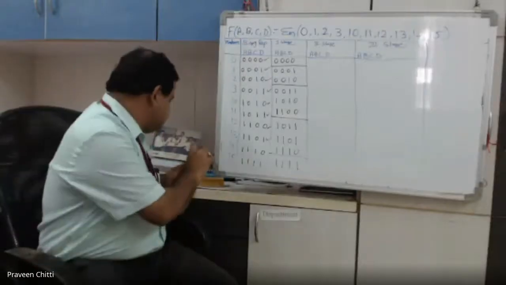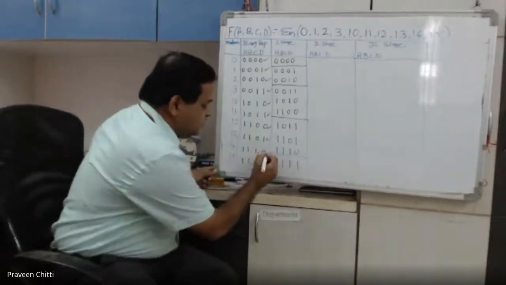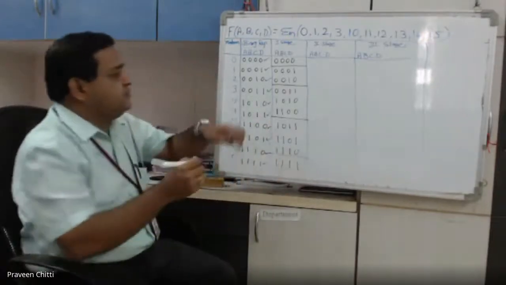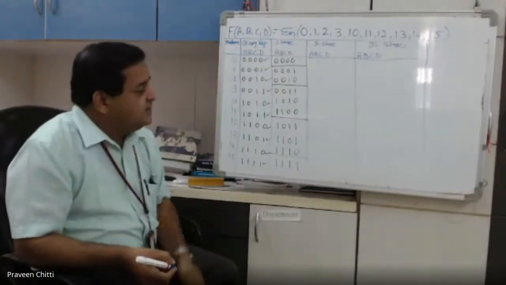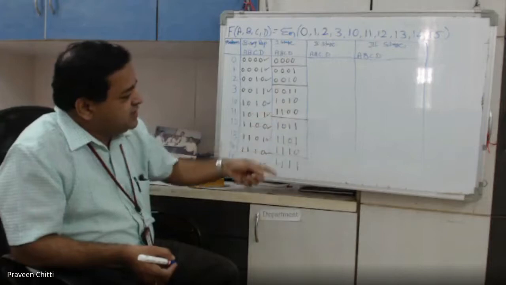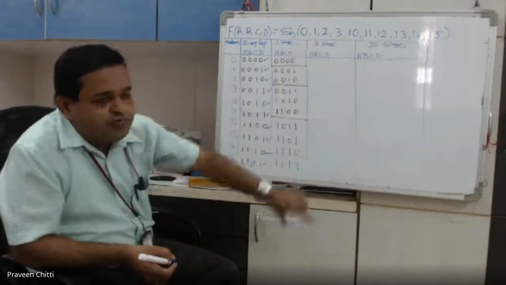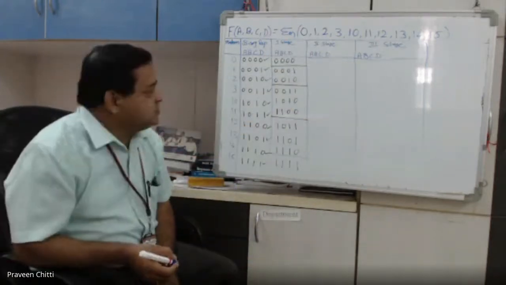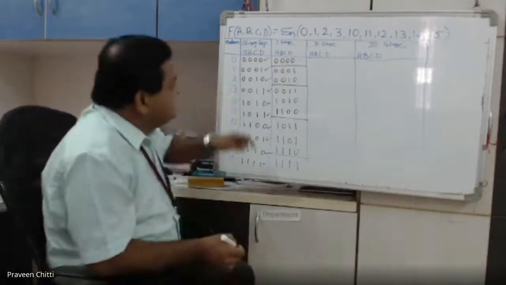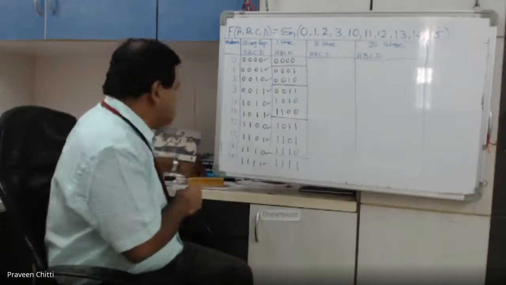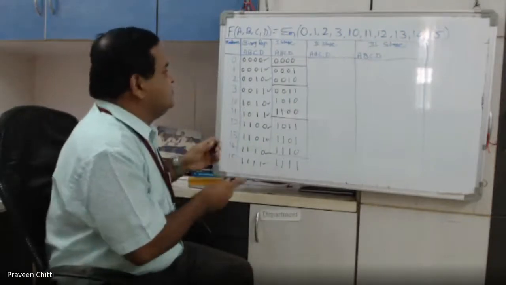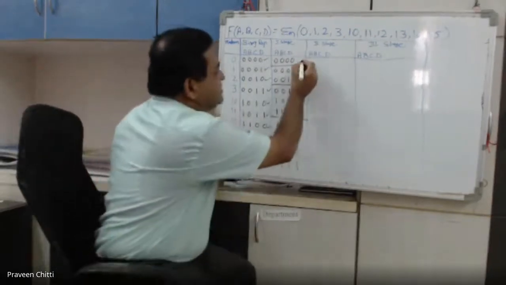Now how do we go to the second stage? In the second stage, the first and second group should be compared, then the second and third group, third and fourth group, and fourth and fifth group, and you may get 4 different groups. So check one by one. Can we compare this with this? Anyhow, one more thing I had forgotten: here you can write the decimal representation also.